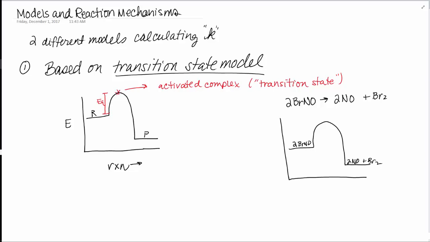Same axes on this graph. But up here, what I might find is there's a BrNO molecule and a BrNO molecule, and there are some sort of partial bonds that start to form here, and these bonds start to break apart. And so that is the activated complex with these partial bonds.